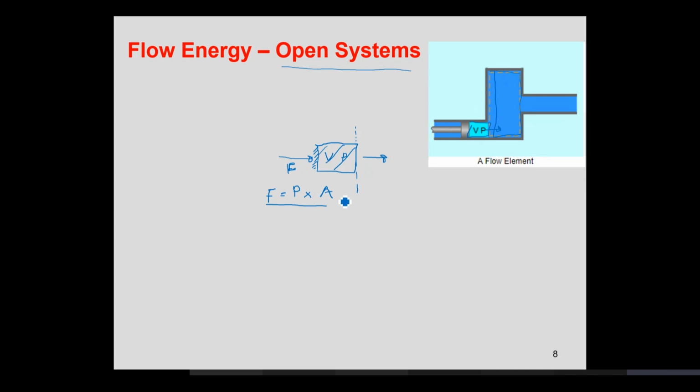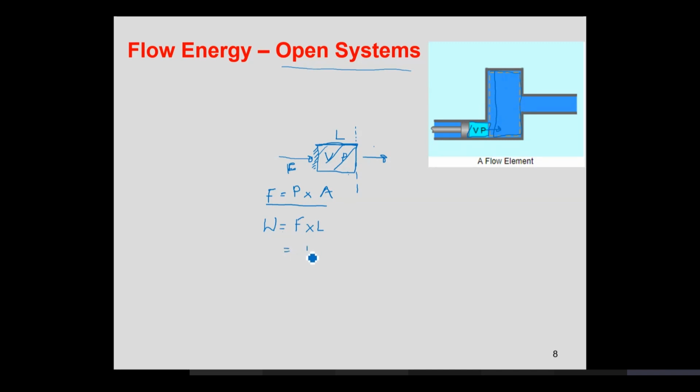If this is the force being applied to move this small chunk into the control volume, we have to calculate the work done associated with this force. The chunk has to cover the length L, so the force has to be applied over a length of L so that it moves into the control volume and the flow continues. Work done is force multiplied by length.